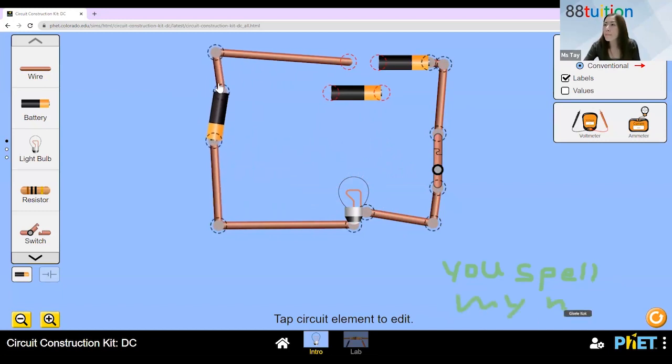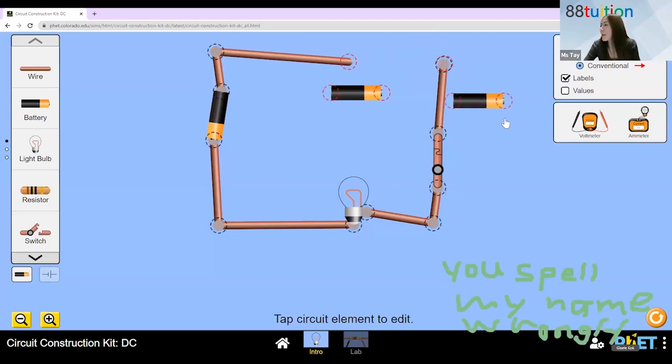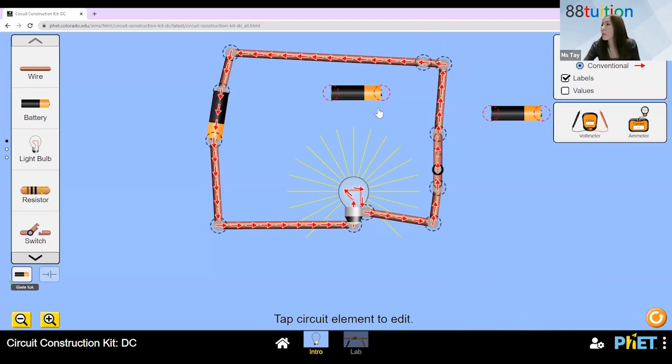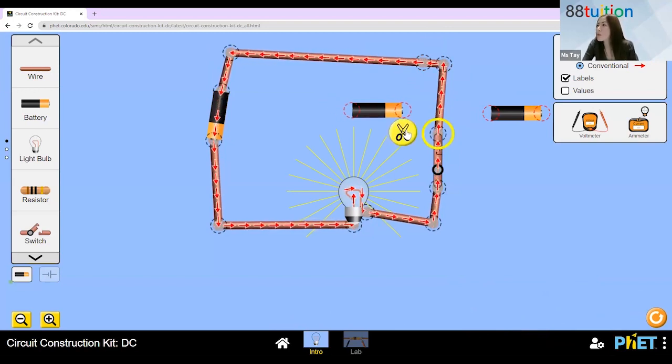And then, let me remove this one. Okay, Giselle, I get it. Then I will remove the switch here because in our option D, the switch was not there.